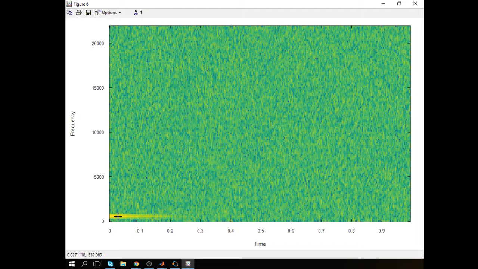The MATLAB spectrogram function, unfortunately, was designed by some mathematician who doesn't know how to put the axes. By default, it puts the time axis vertical, starting from 0 here, and the frequency axis there. So for engineers, it doesn't make any sense.